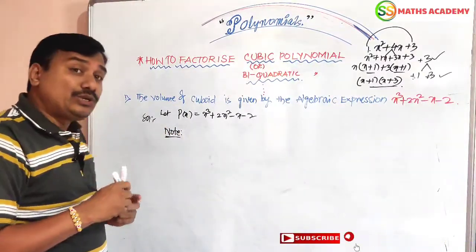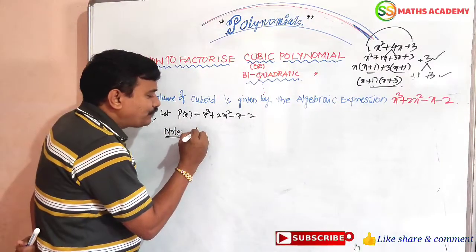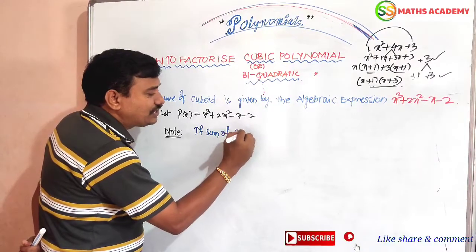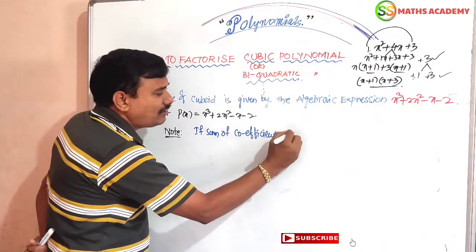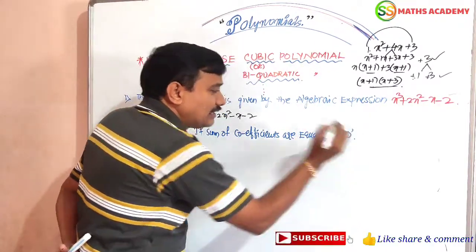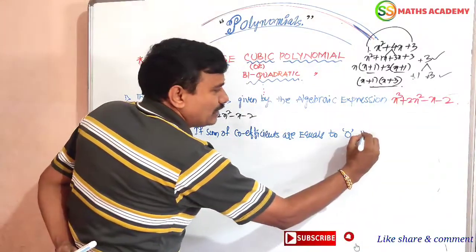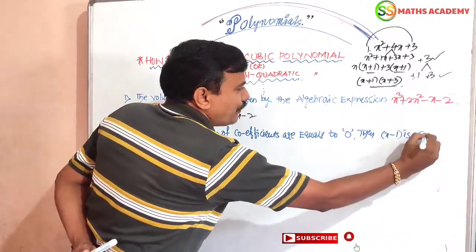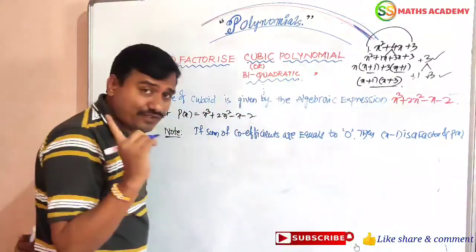First, if the sum of coefficients equals 0, that is, the sum of all the coefficients of the given polynomial equals 0, then immediately you can write that x minus 1 is a factor of the given polynomial p of x.